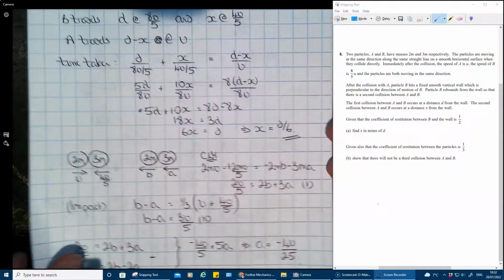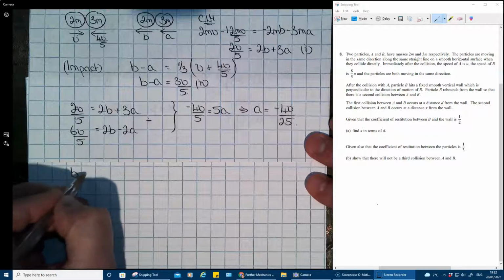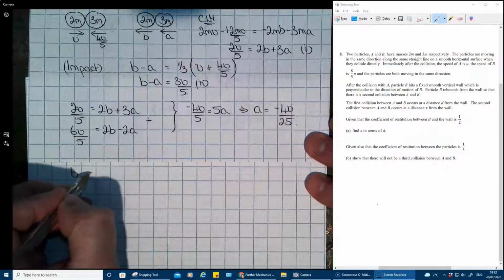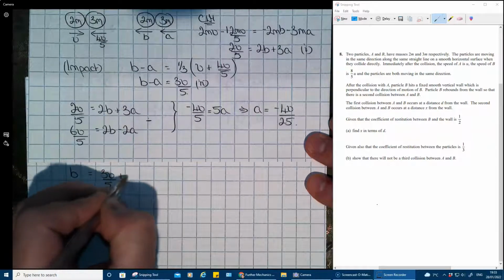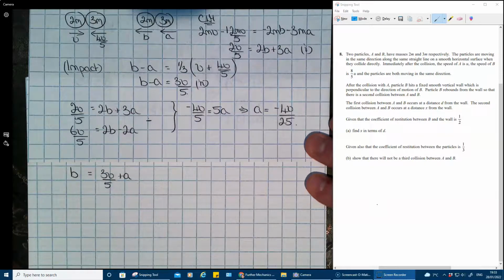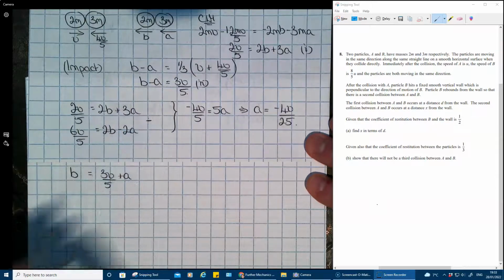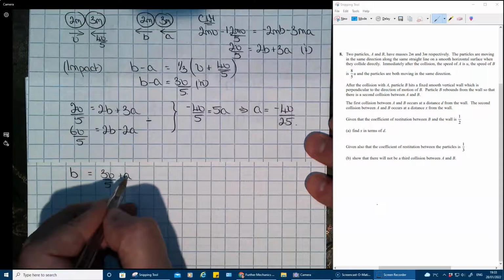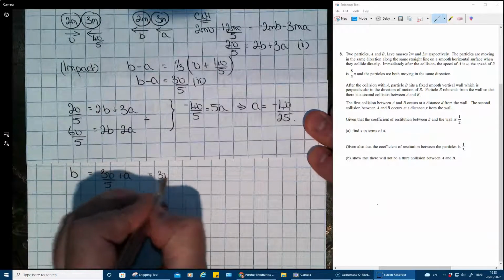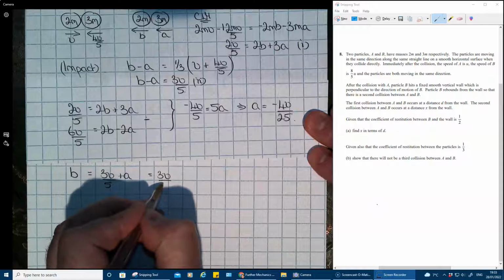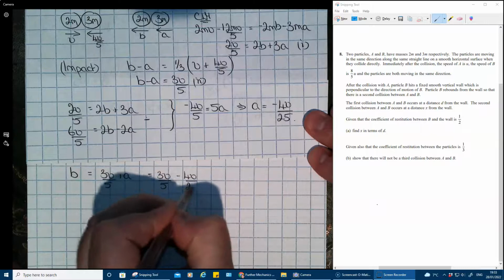Okay, so now we know that b equals 3u over 5 plus a. Okay, using this formula here. So we know what a is now in terms of u. So we've got 3u over 5 take away 4u over 25.